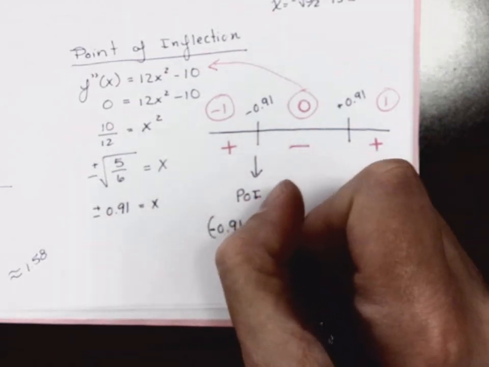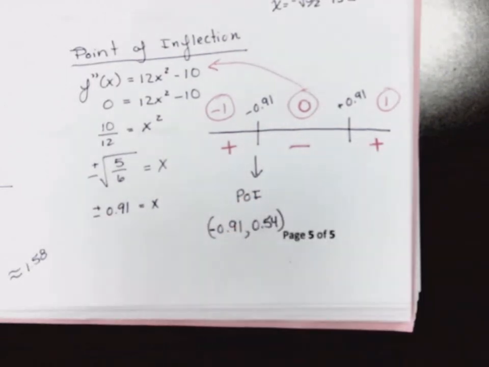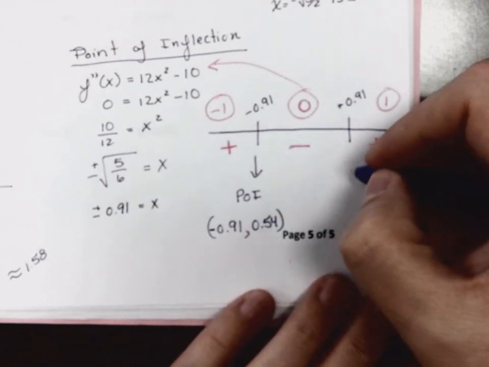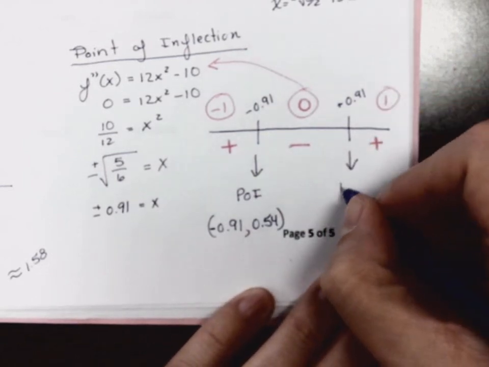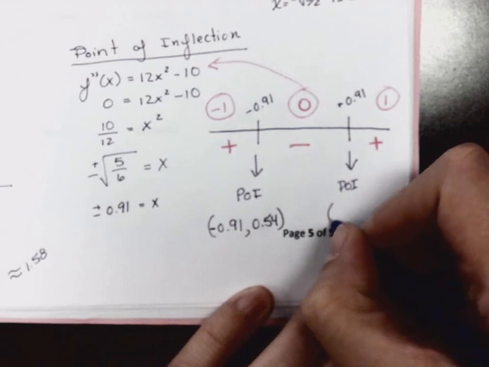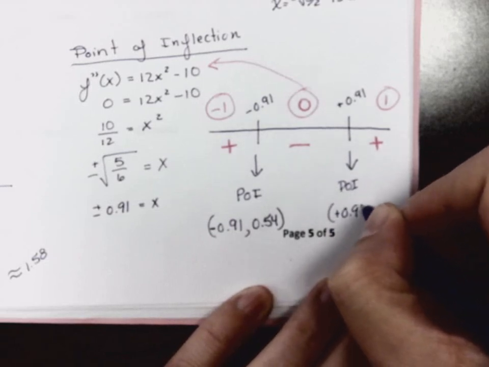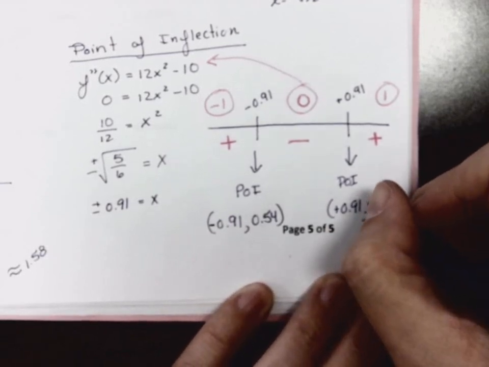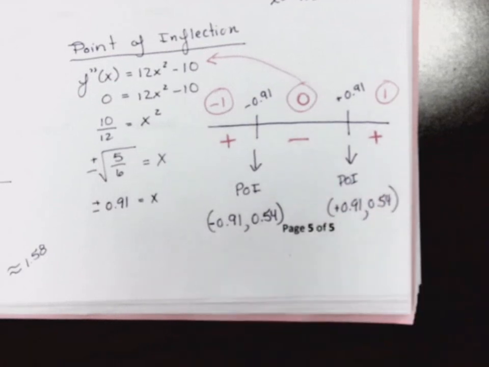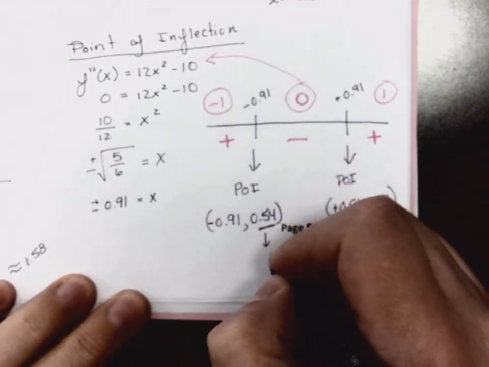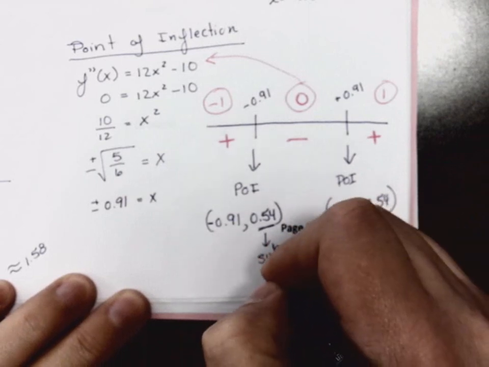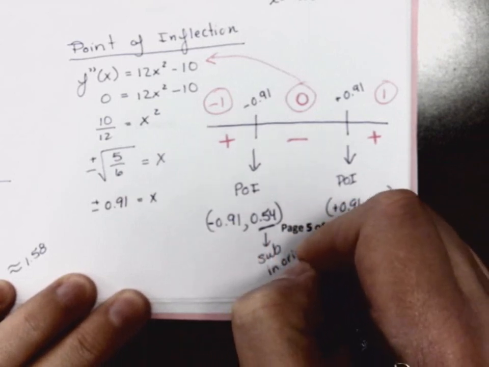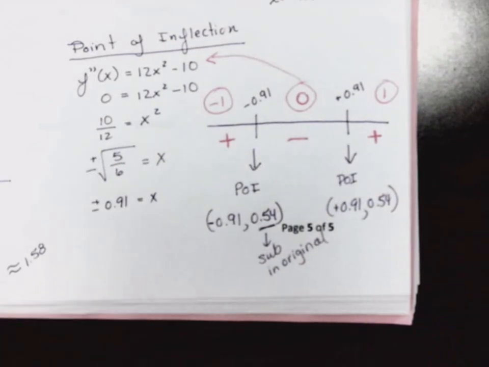Because I did the math already. In order to get this, we need to sub into the original. So just in case you forget what you're doing, you're subbing into the original.